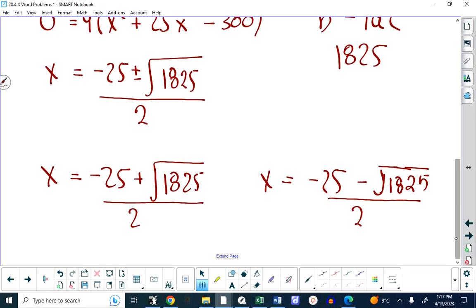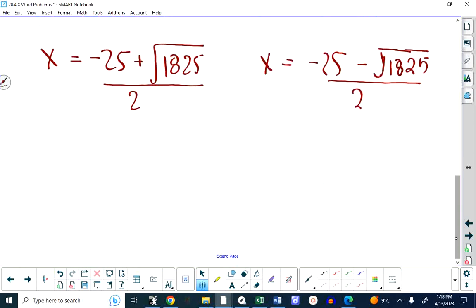Oh, and can you please figure out for us what negative 25 plus the square root of 1825 all divided by 2 is? I got 8.8. I think that seems reasonable. 8.8 something? 8.86?